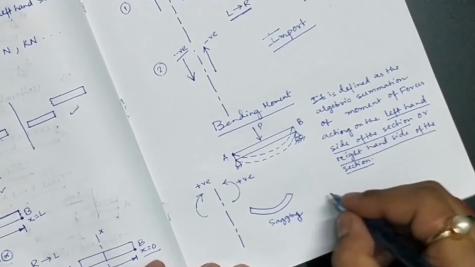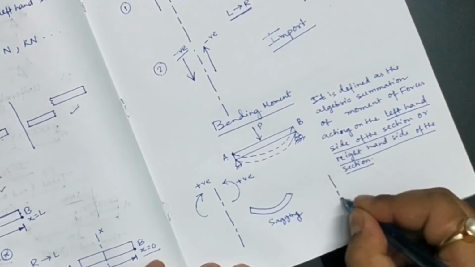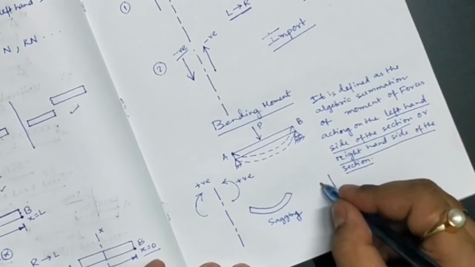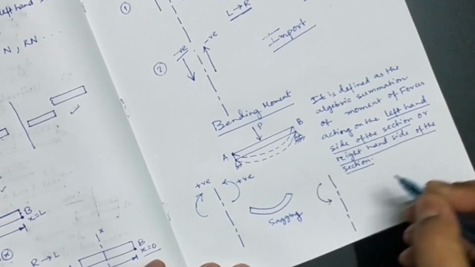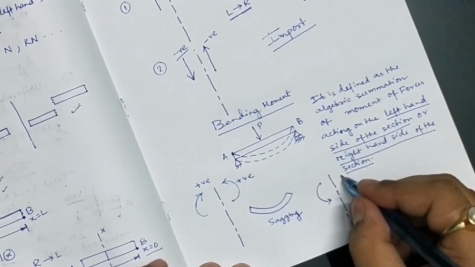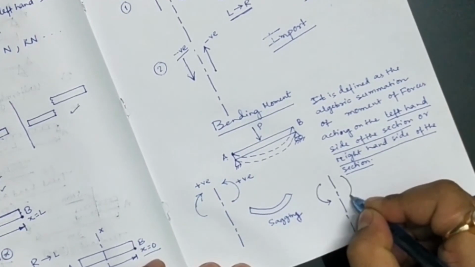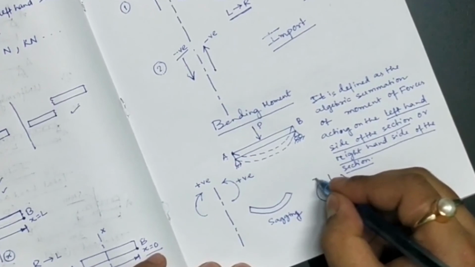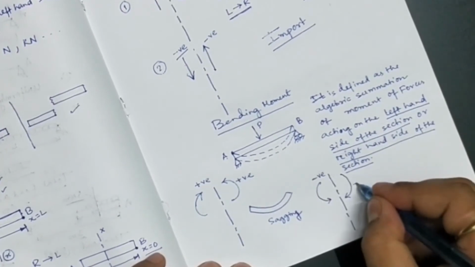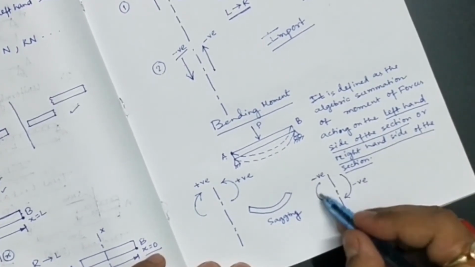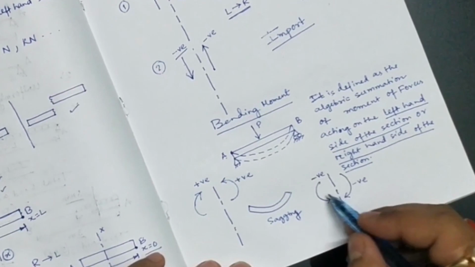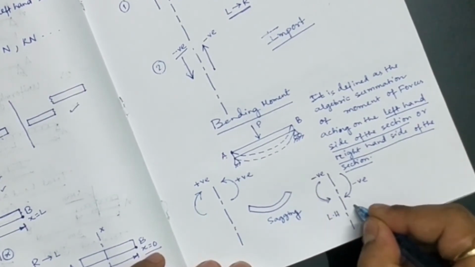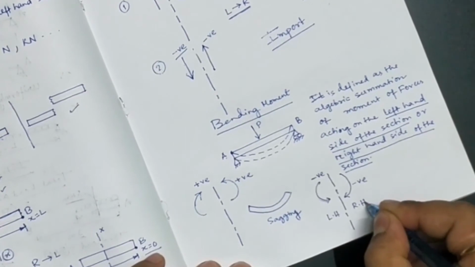Now the other condition is if you have a section here and we have one anti-clockwise moment along this direction, and here we have a clockwise moment along this direction. Then both of these are to be taken negative. This is the left hand side and this is the right hand side.